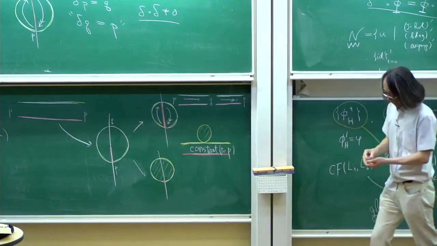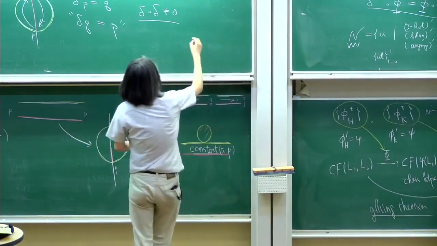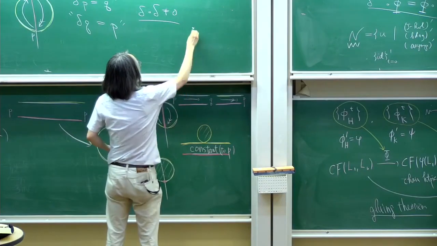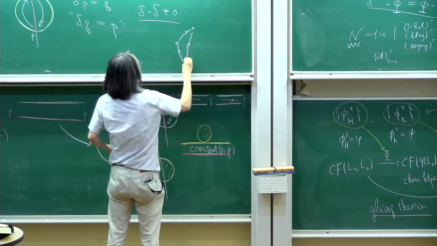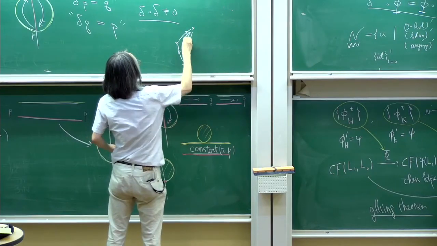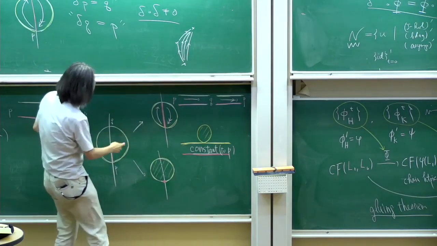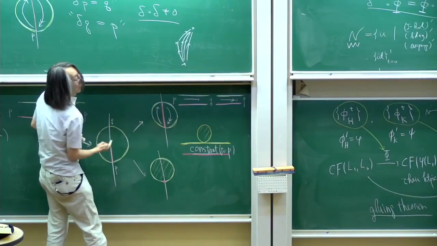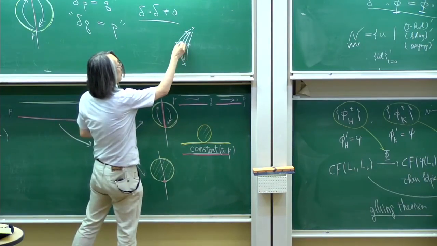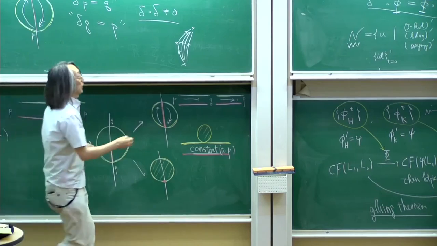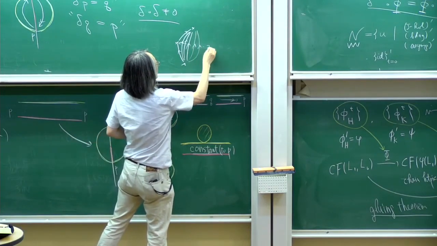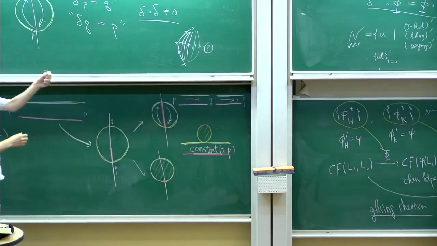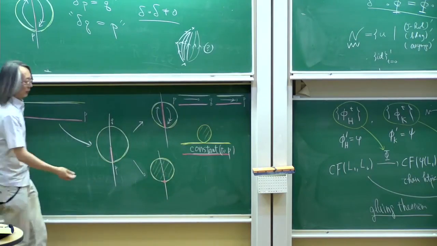So therefore, it is not really this. So this limit looks like this, but we have another limit, which I cannot draw in this picture, which is in fact in this case this.